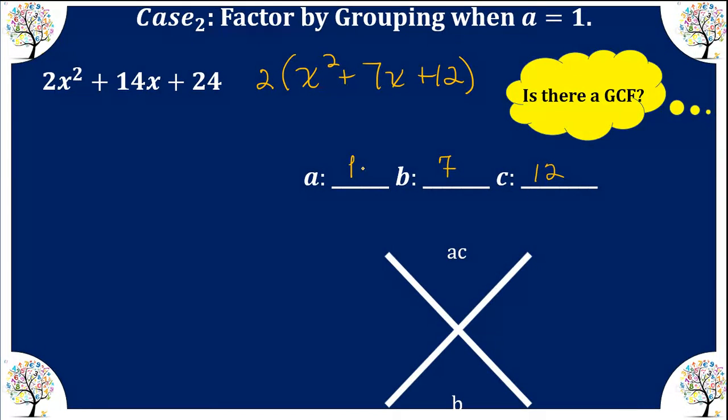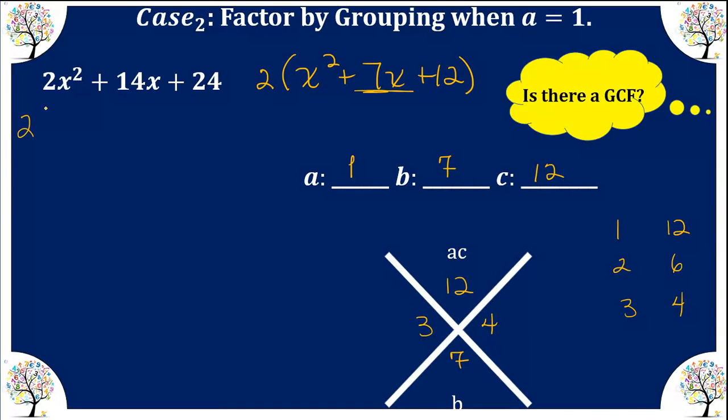In our graphic organizer, we're going to say 1 times 12, and then our bottom number is 7. Remember the goal, we're trying to split 7x into 2 terms, so we have 4 terms that we can group. Our combinations are 1 and 12, 2 and 6, and 3 and 4. 3 and 4 will give us a sum of 7. So we're going to split 7x into 3x and 4x.